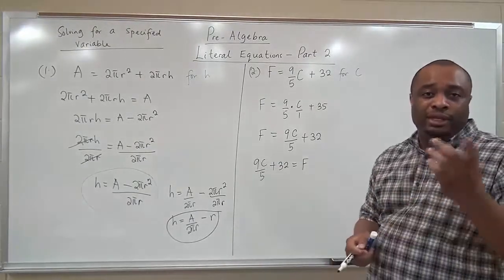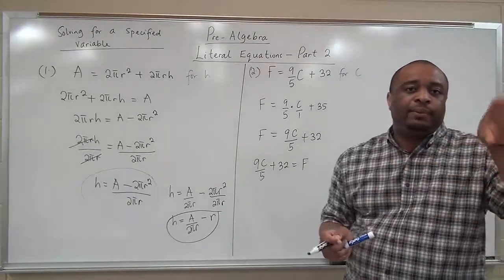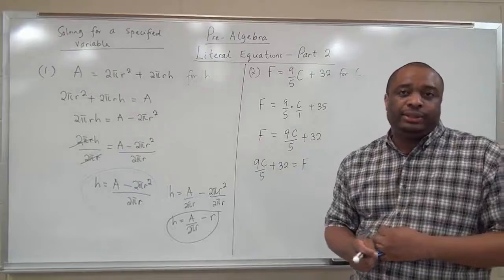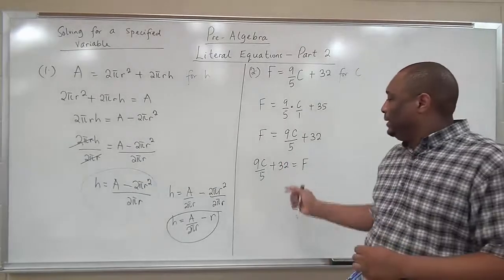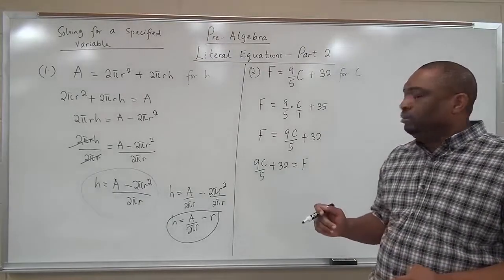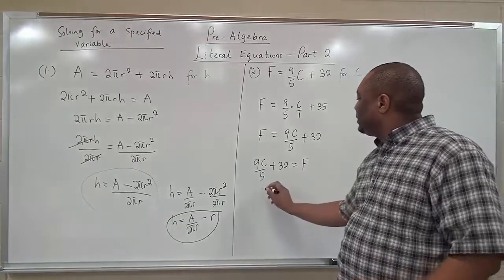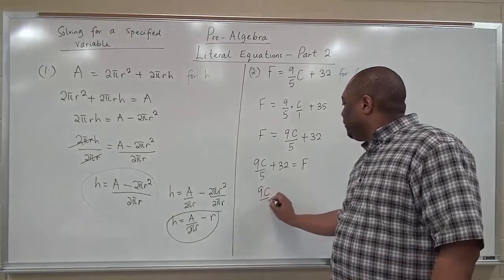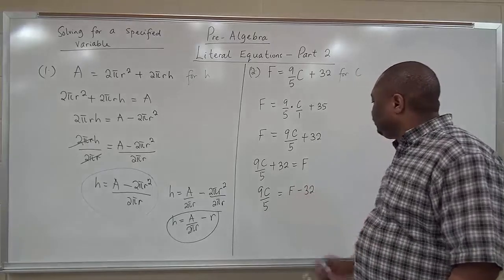When we did fractional equations, that reminds me, please view the videos on fractional equations. But before we do that, let's subtract 32 from both sides. We have that 9C/5 is equal to F minus 32.